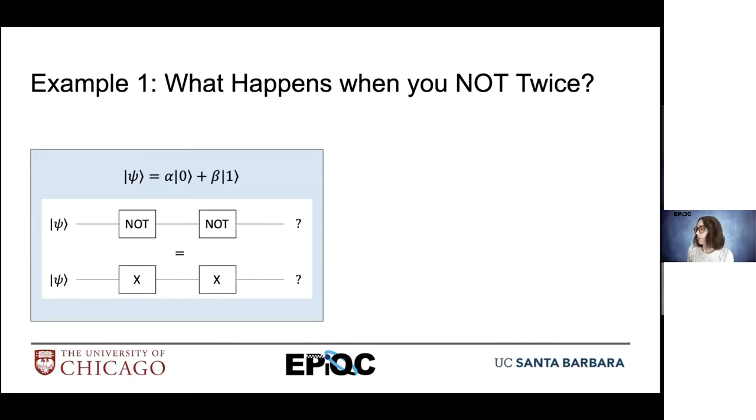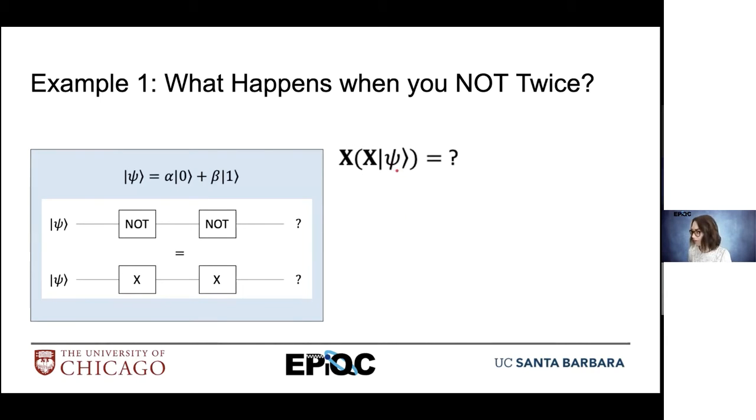So let's look at what happens when we NOT twice. We've looked at this in class visually with what happens to the qubits when we send a qubit through a NOT operation, but we'll look at the mathematics to confirm that you're able to achieve an output that is equivalent to the input whenever you implement the NOT operation twice.